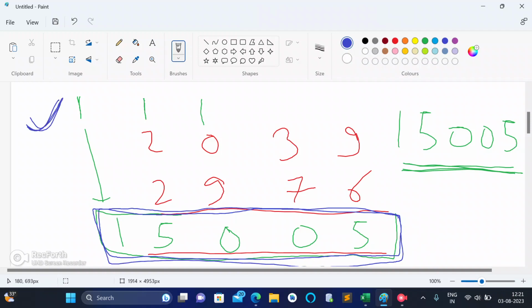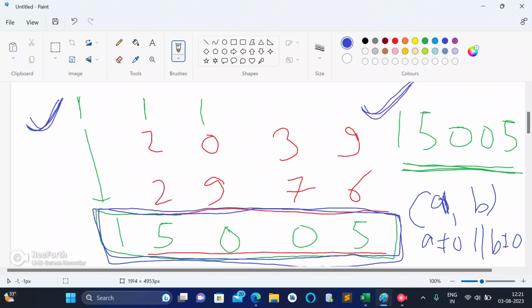So for this example, we need to tell how many pairs of combinations A, B there are such that, most importantly, A cannot be 0 and B cannot be 0, and their sum, according to the new law, gives us the value 15005.